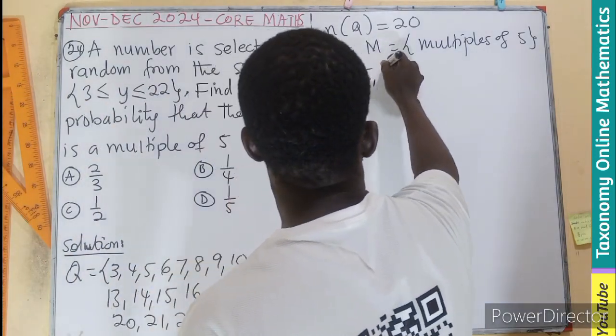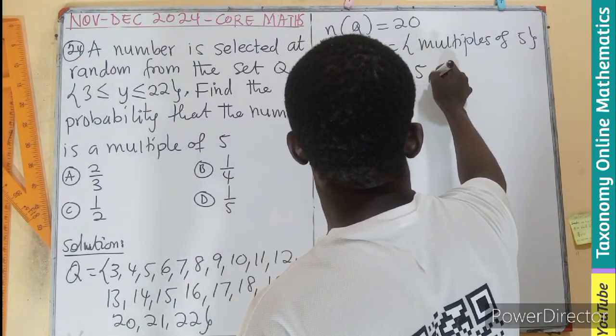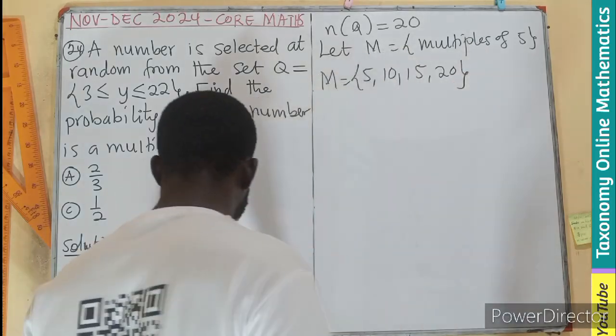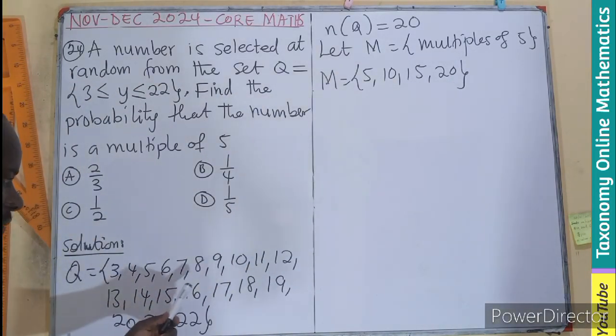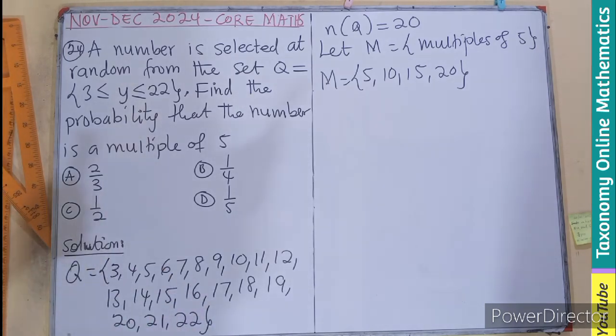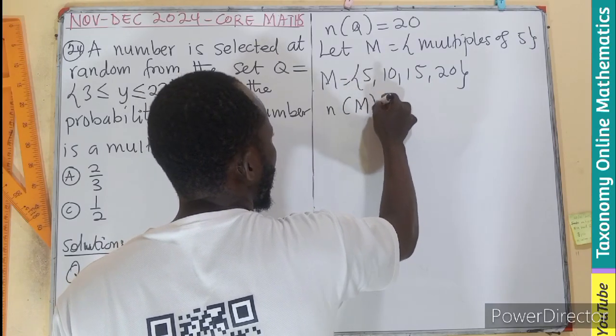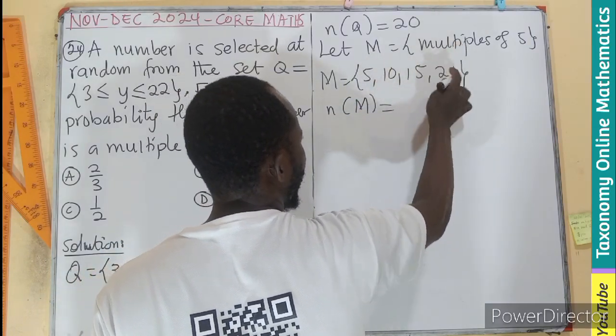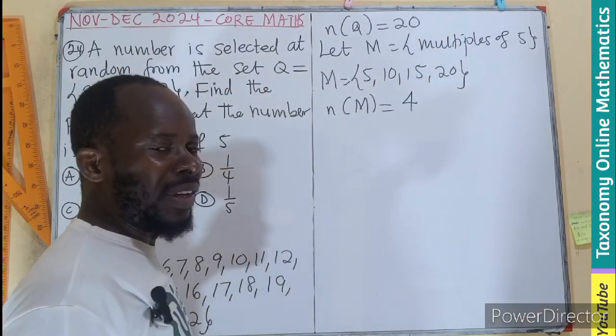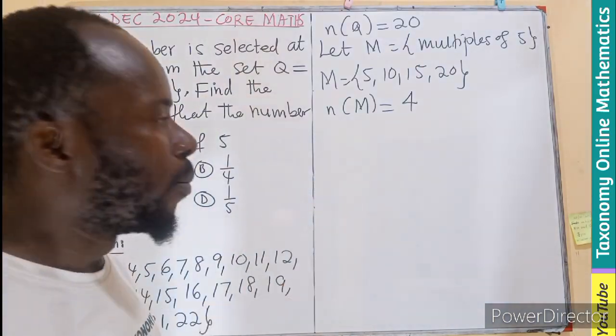So 5, 10, 15, 20. From this set, 5, 10, 15, 20. 25 is above this, so we cap at 20. Then the number of elements in M will also be 1, 2, 3, 4. So we have gotten the event, we've gotten the sample space.